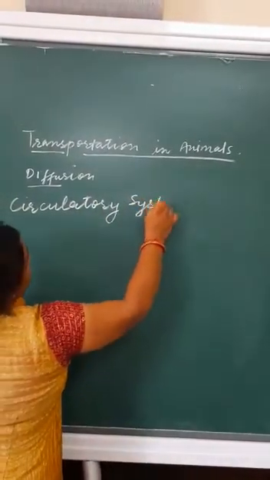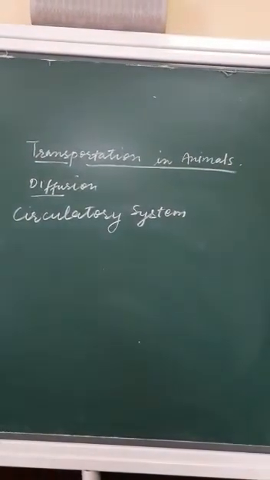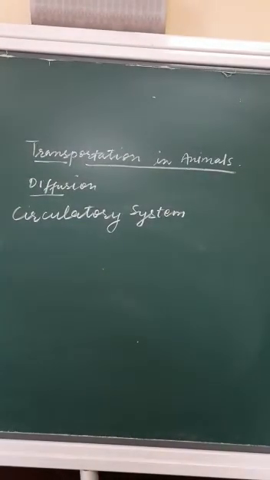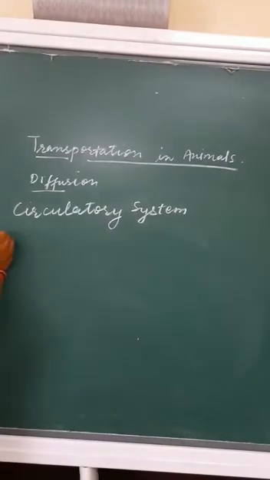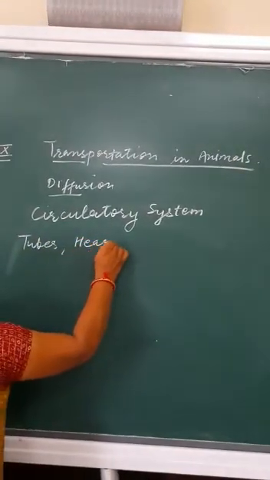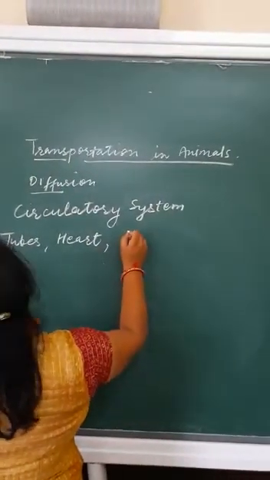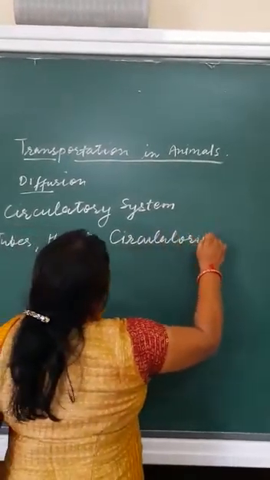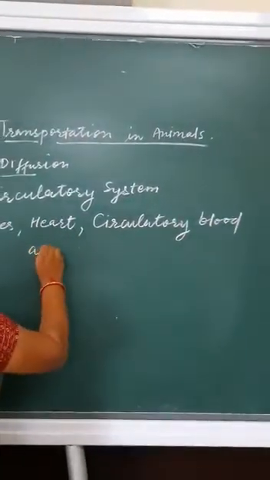Circulatory system means the organs which are included in the circulatory system help in the transportation of the material in the animals. And the circulatory system is made up of the tubes, heart, circulatory, blood and lymph.